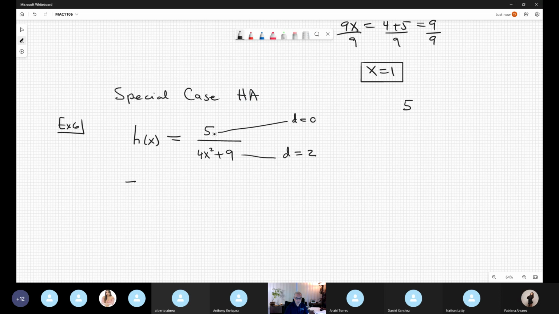Then, the degree of the denominator, 2, is greater than the degree of the numerator, 0. The conclusion is, yes, we have a horizontal asymptote.